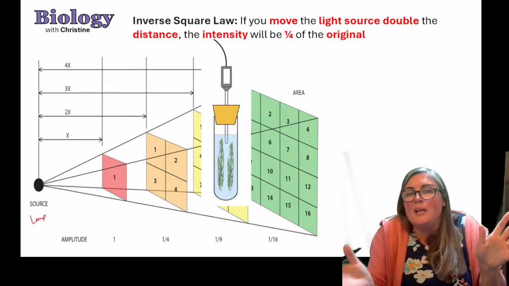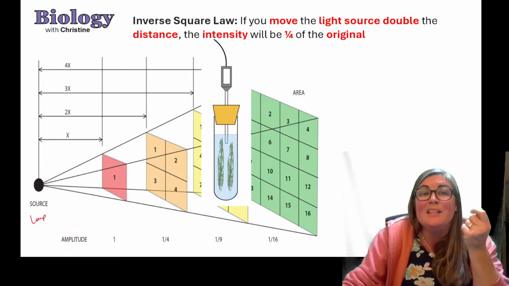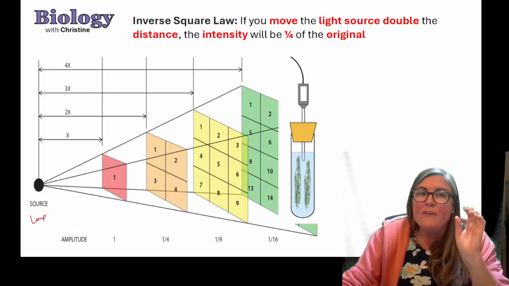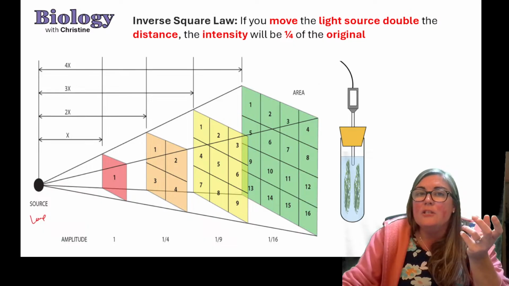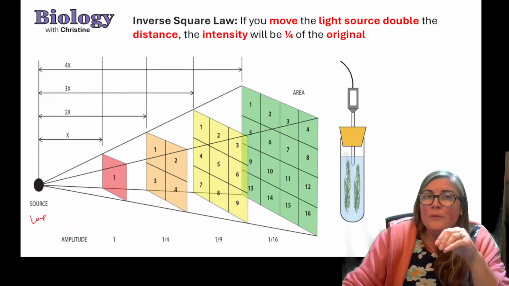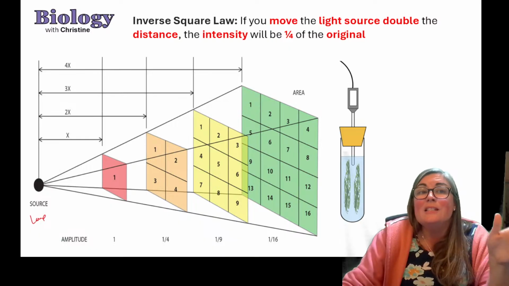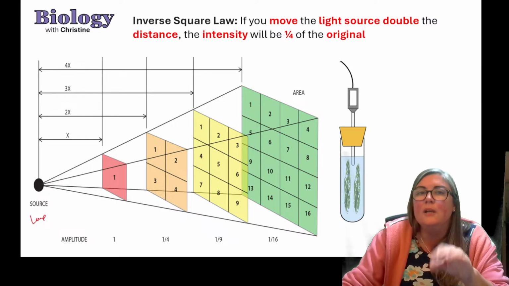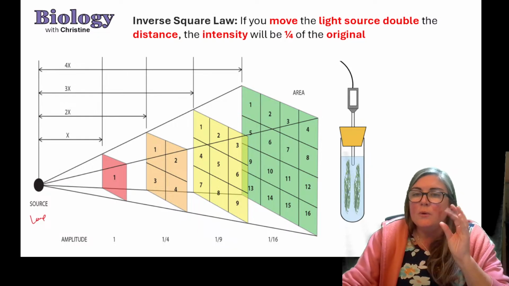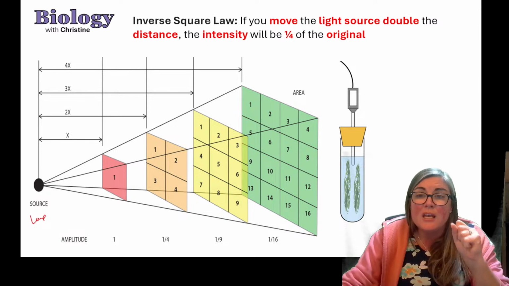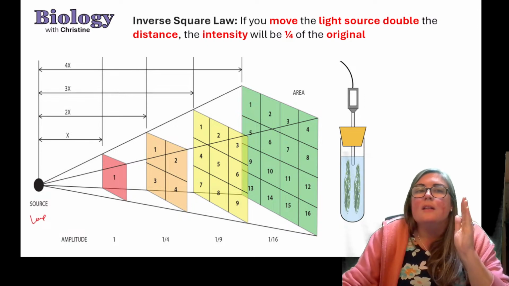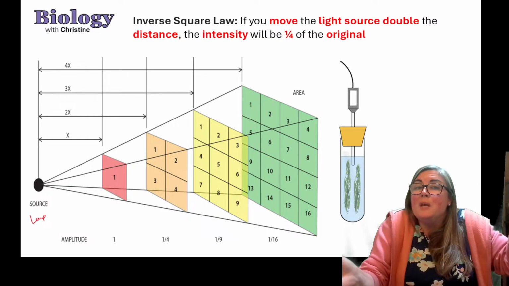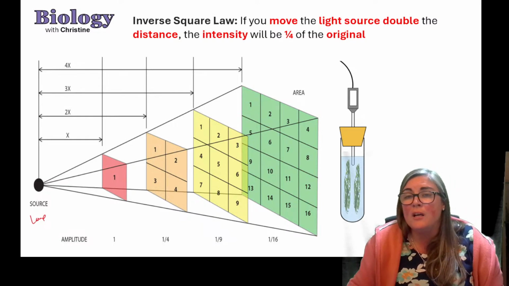And if that light is going to be spread out, that's therefore going to affect the intensity that the plant is being exposed to. So if I understand my inverse square law, if you move the light source double the distance, the intensity will be a quarter of the original. So it's really important that you're thinking about light intensity and how the light is being spread out. Well, we can see that right now.